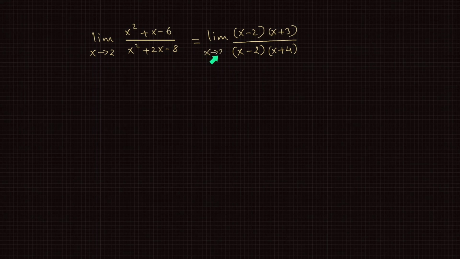Limit as x approaches 2. Cancelling out the common factor x minus 2, we have the limit of x plus 3 divided by x plus 4 as x approaches 2. This gives 5 divided by 6.